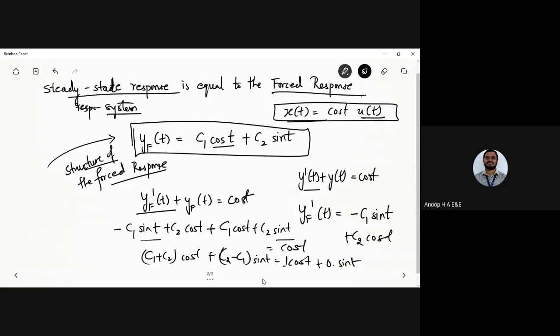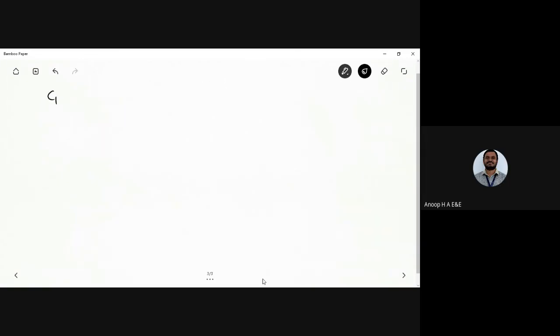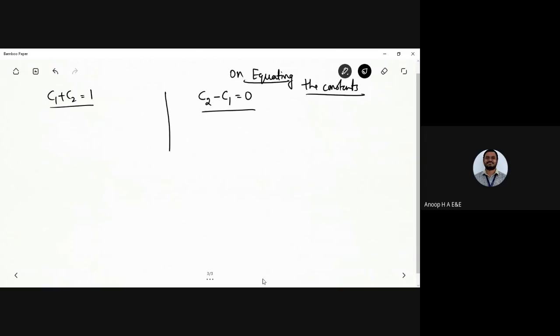Now I can equate the constants: C1 + C2 = 1, and C2 − C1 = 0. Hope it is clear to you.